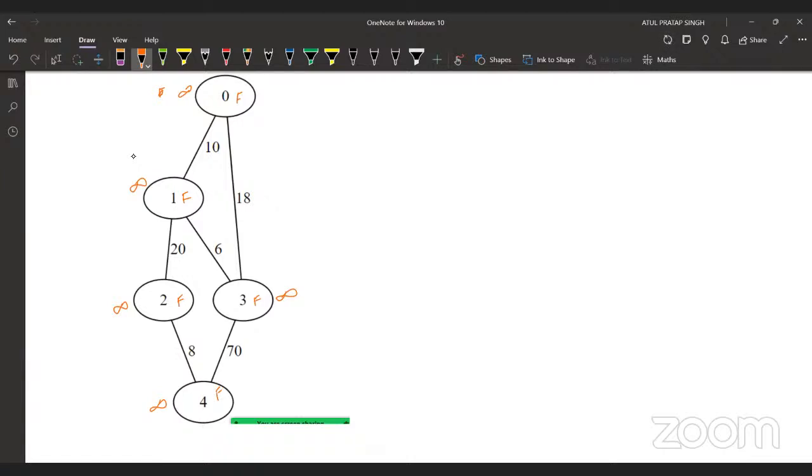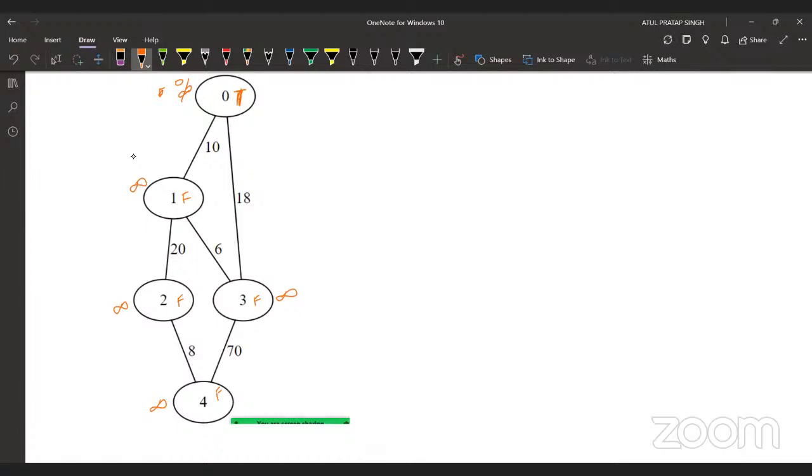Now we can start from any vertex. For example, if we start from vertex 0, we mark its distance as 0 and mark it as visited. Now we update the distances of the vertices adjacent to this source vertex.